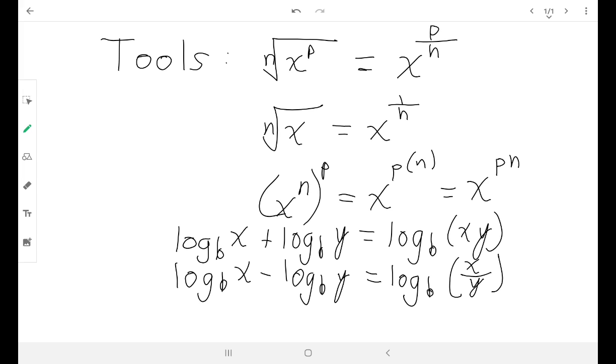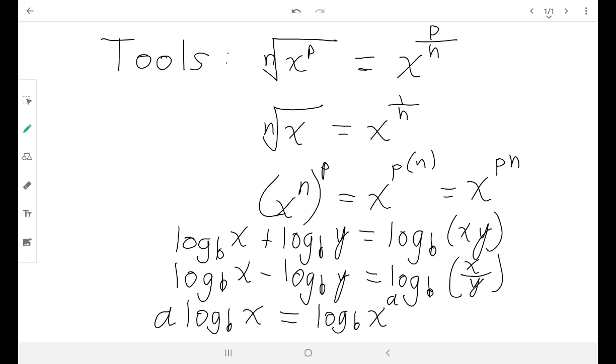Another one is the power rule of expanding and condensing, which says that if you've got something multiplied, so a times log base b of x, it's the same as log base b of x raised to that power.